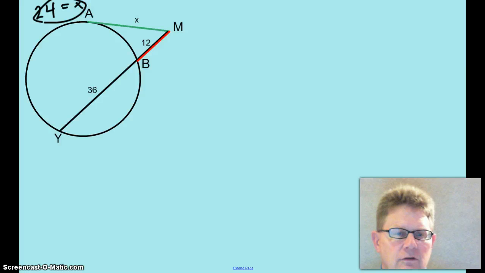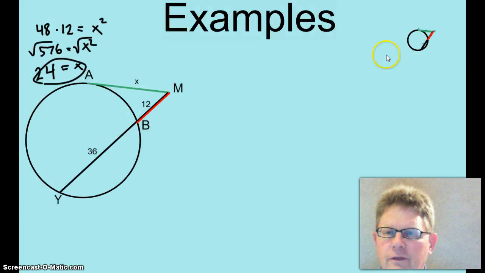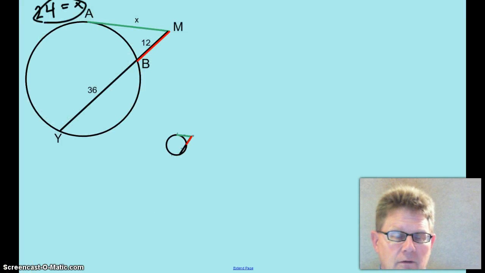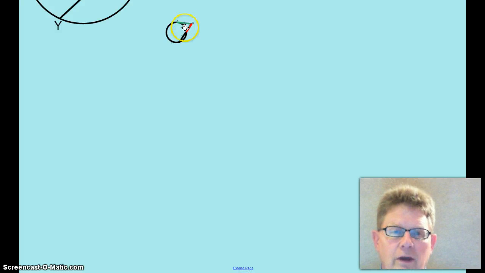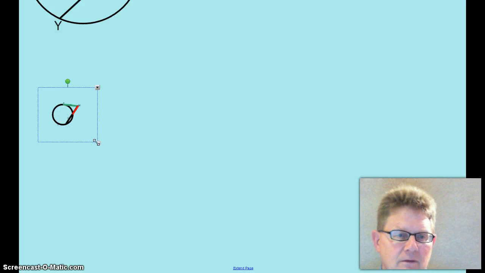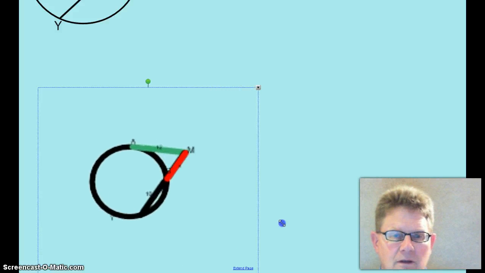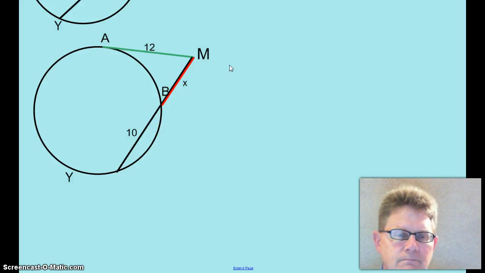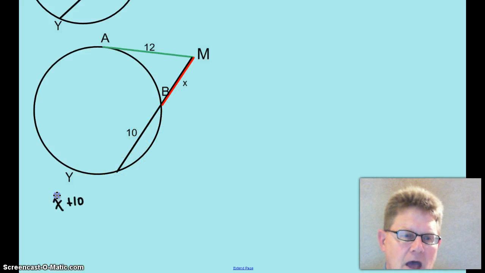Alright, let's do one more example, this time with probably some x squareds in it that don't go away as easily. Here we go. The length of the whole secant segment is x plus 10 times the outside part, that would be x, equals the tangent segment squared.